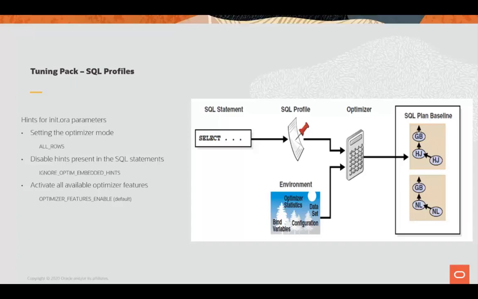The optimizer creates the new plans using all the algorithms that it has inside. And then as a best practice, we recommend to use SQL Plan Baseline to create the baseline and lock that plan that is working optimally for that particular SQL statement.